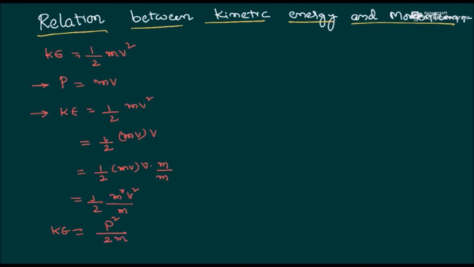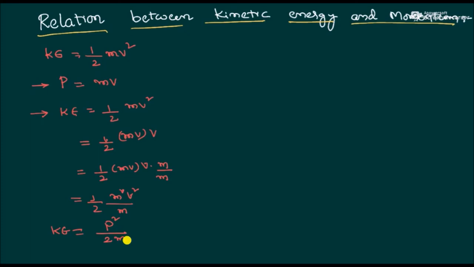This is the relationship between the kinetic energy and the momentum, and this relationship is independent of the velocity. Now the most important thing to be noticed here is that my kinetic energy in terms of momentum is p square divided by 2m. What does this mean? It means that kinetic energy is directly proportional to p square and inversely proportional to the mass.